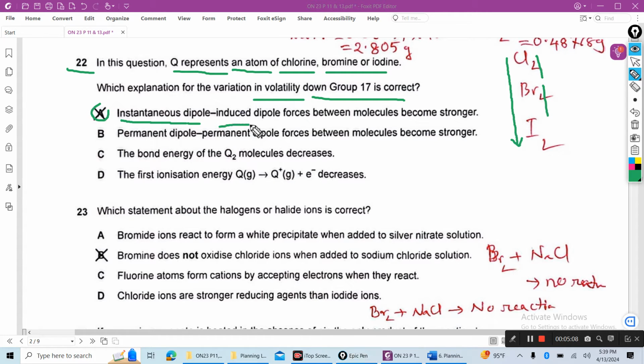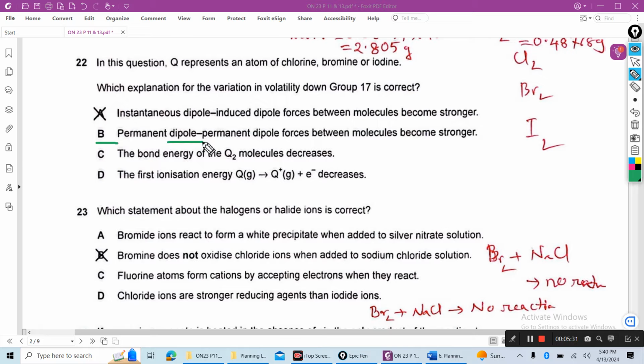Instantaneous dipole, induced dipole or ID forces between molecules become stronger, because the number of electrons increases. As the number of electrons increases, instantaneous dipole and induced dipole increase. That means van der Waals force or ID force increases.